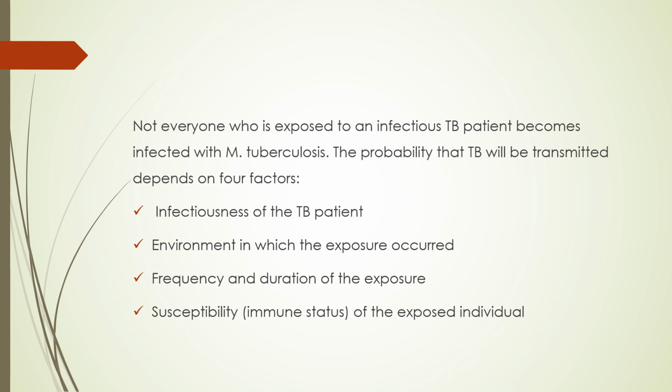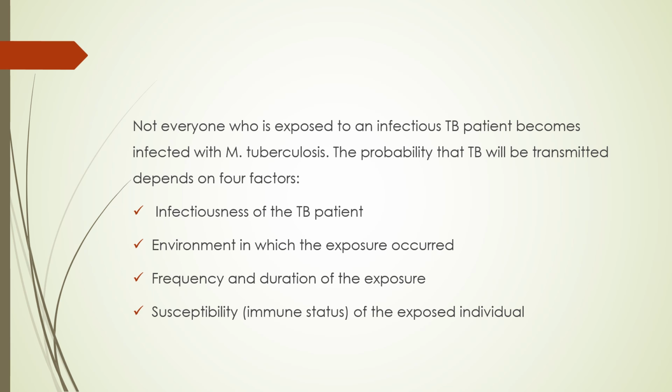But not everyone who is exposed to an infectious TB patient will become infected by tuberculosis. The probability that TB will be transmitted depends on 4 factors. First, the infectiousness of the TB patient. Second, the environment in which the exposure occurred.